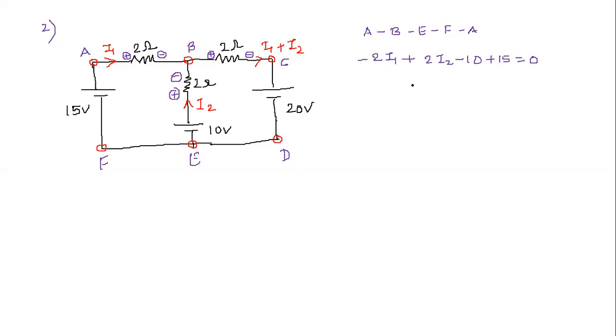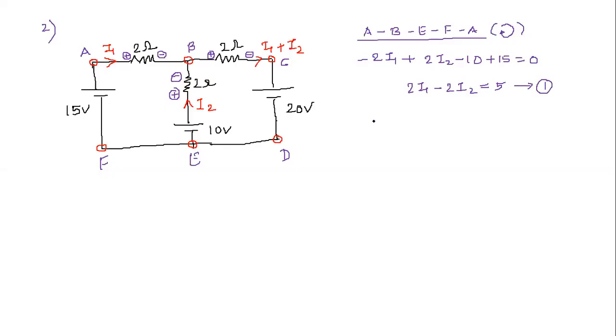So if you solve this one, you will end up getting I1 minus 2I2 is equal to 5, right? This is one of the equations which we wanted to get. Then we are applying KVL, and I'm going clockwise.